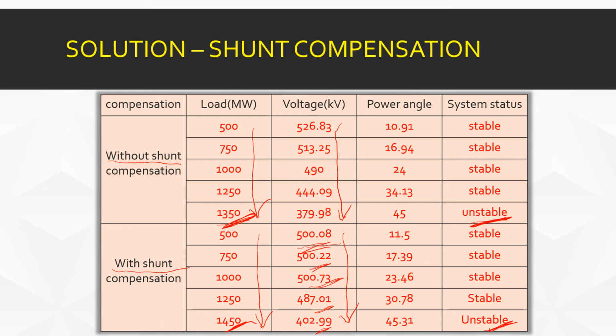But in the second case, with shunt compensation, the voltage is almost regulated. It concludes that the use of shunt compensation can regulate the receiving end voltage, by selecting the inductor, shunt reactor for light load and shunt capacitor for heavy load.